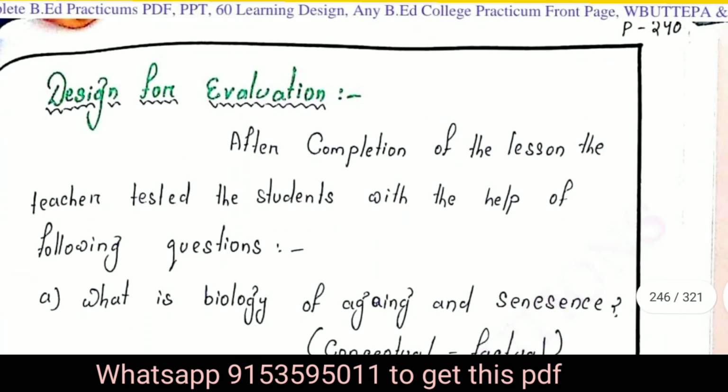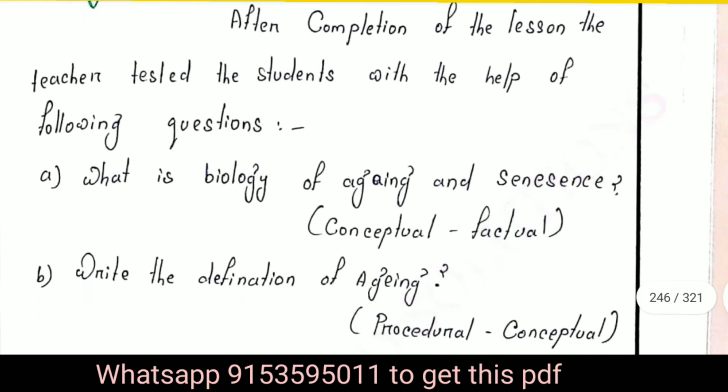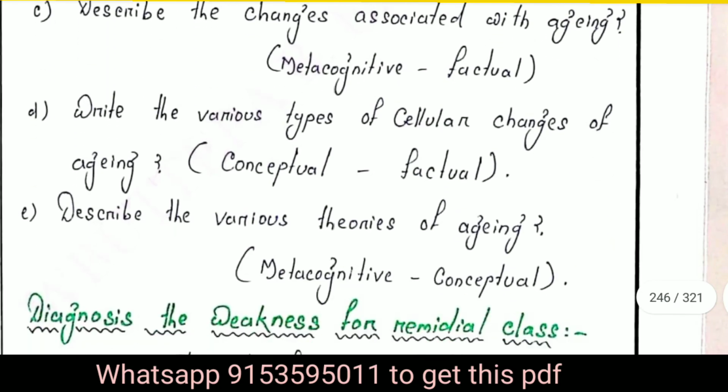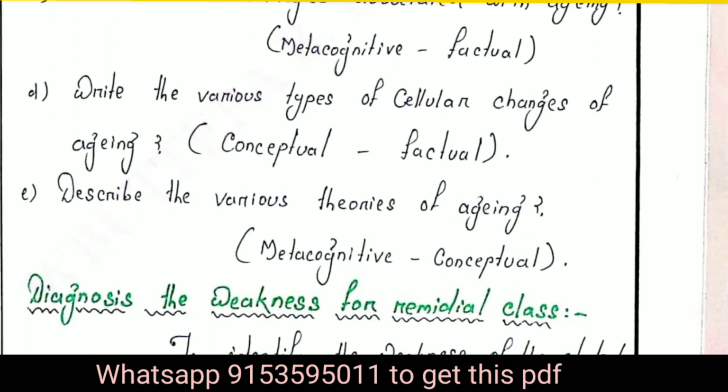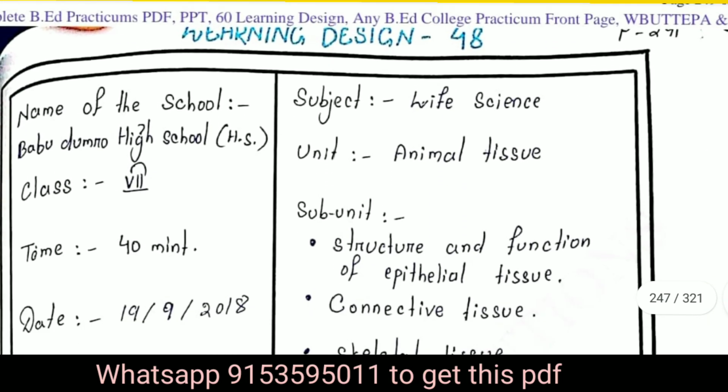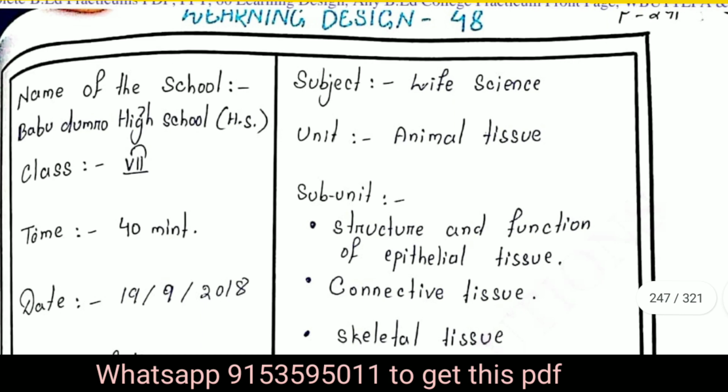Design for evaluation. Following are the questions for evaluating. Last point, diagnosis of the weakness for remedial class. Now we discuss learning design number 42, unit animal tissue.